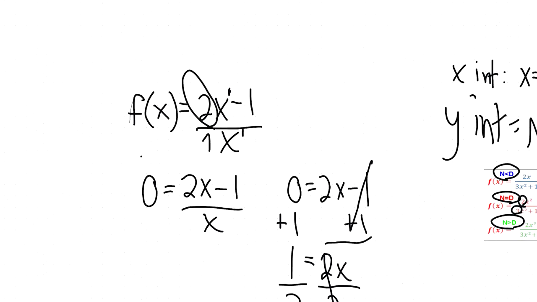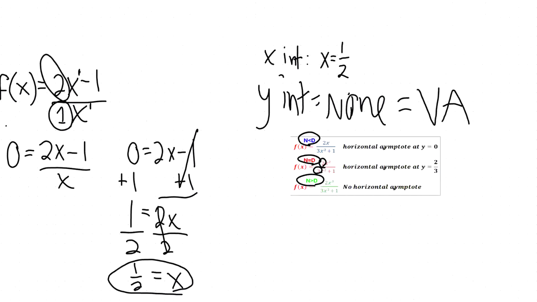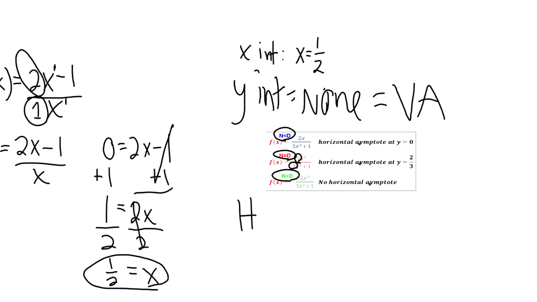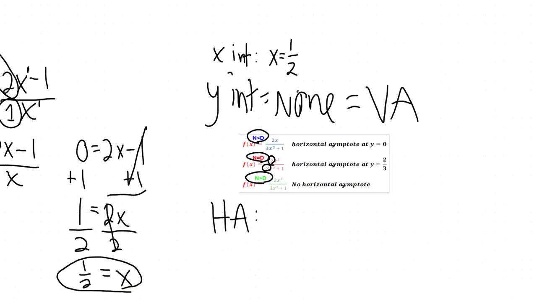There's nothing written here, so I know it's a 1. So y equals 2 over 1, which is also just the whole number 2. And we'll look at the domain very last.